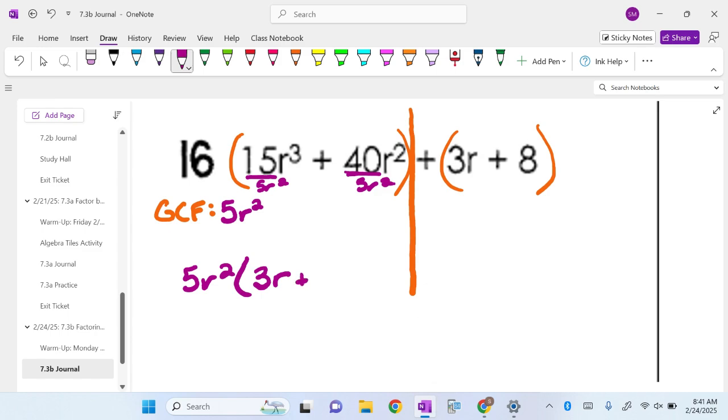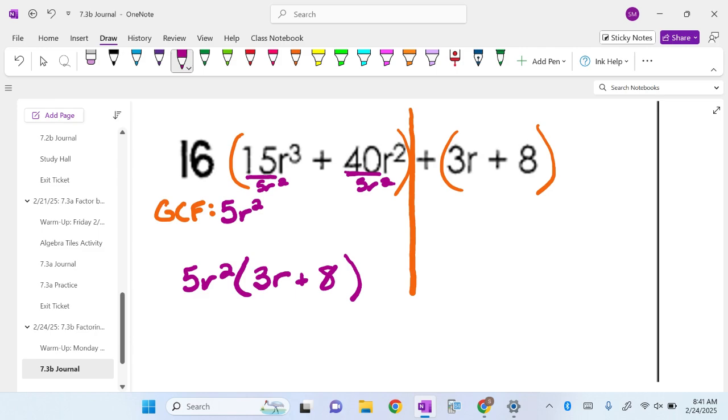All right. What's 40 divided by 5? 8. And r squared divided by r squared? How many r's would you be left with? None, right? So that cancels out. So that's the GCF of our first group.